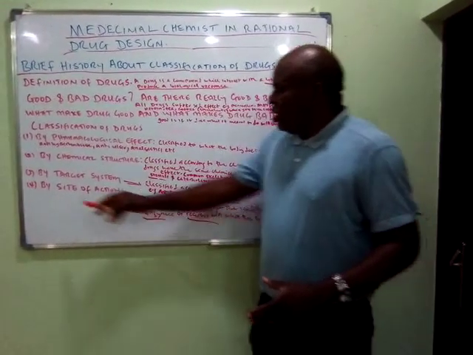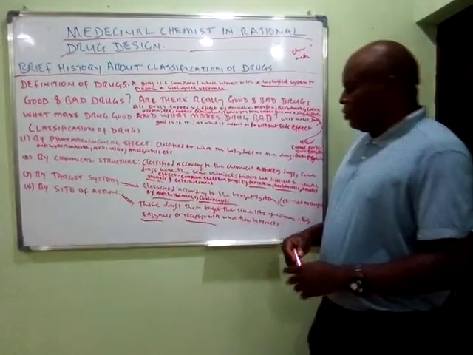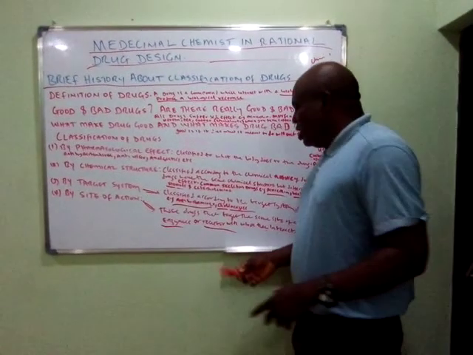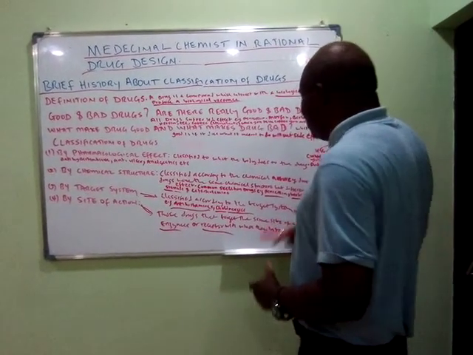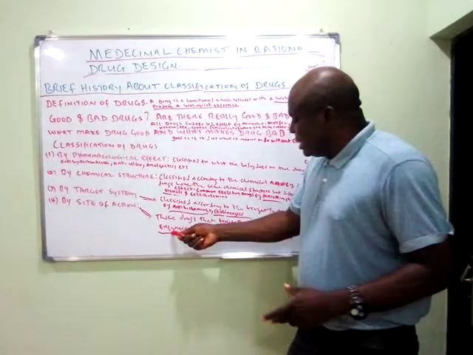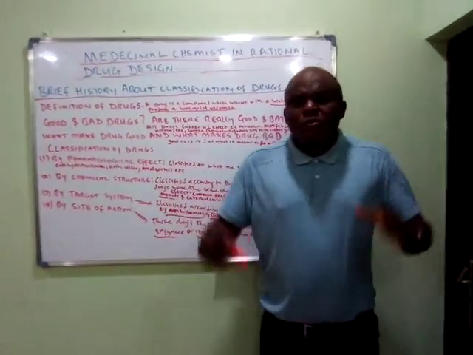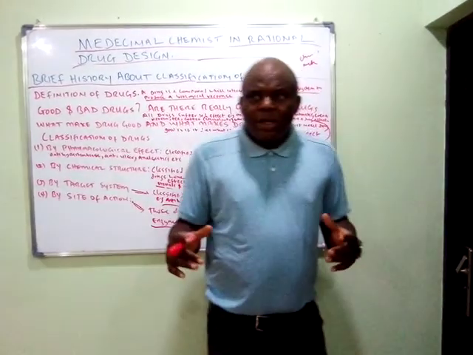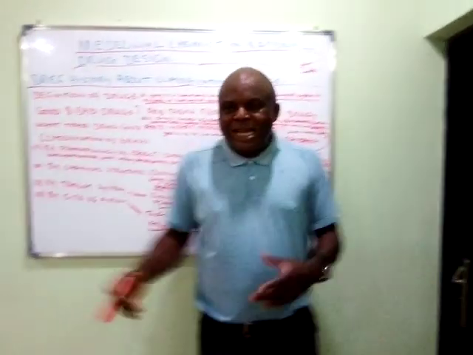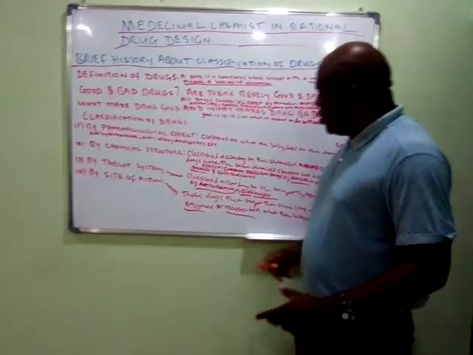Then they have classification by site of action. These are drugs that target the same site of action, for example enzymes or receptors. When you produce a drug, though there are different types of drugs, it either targets the enzymes or it targets the receptor.